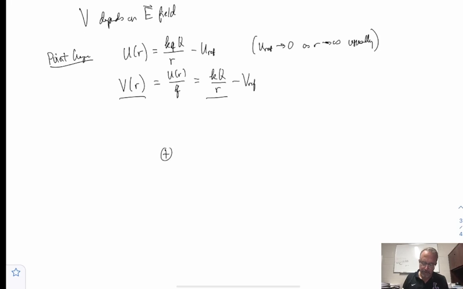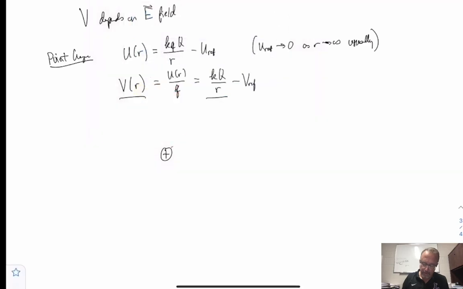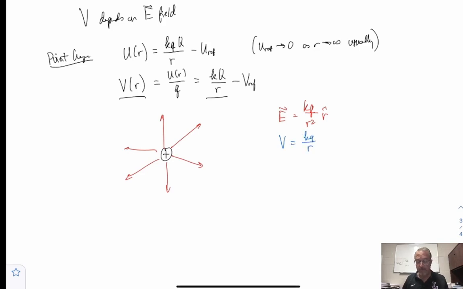So let's say that I have a point charge here. And remember, we know the electric field from a point charge is radially outward, and we know an expression for that too. E is equal to KQ over R squared R hat. But if we look at the potential, it's KQ over R. There's no vector associated with it.